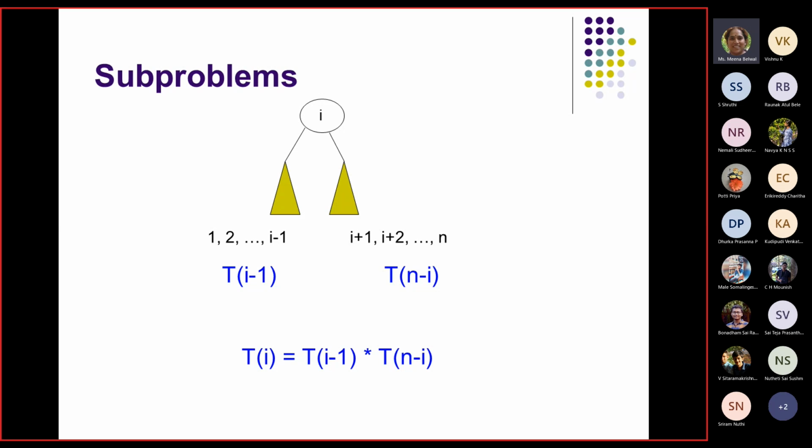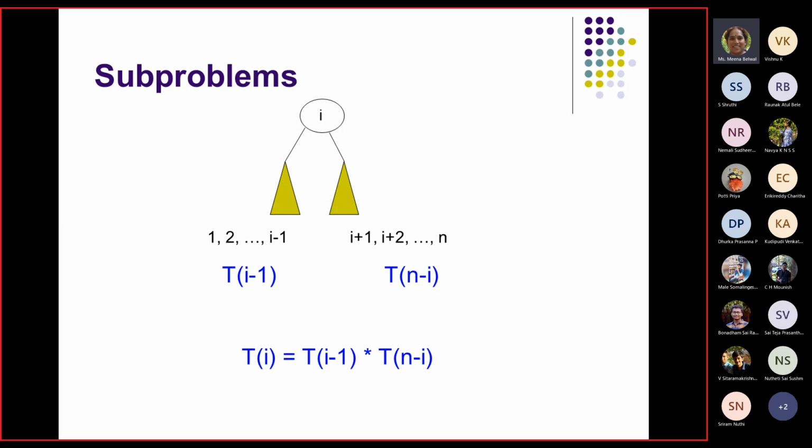So if you are fixing I as the root node, then how many unique binary search trees can I make from node 1 to I minus 1? Suppose I know the answer for it, that is T of I minus 1. And then you know how many unique BSTs I can get for the integers I plus 1 to n. It will be the same if you only want to count.